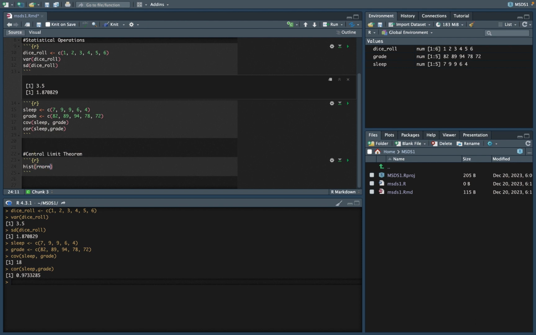Hist is the function for the histogram, rnorm is the random normal distribution. Then the arguments for the normal distribution: we'll give it a small sample size of 10, and a standard normal distribution, with a mu of 0 and an SD of 1. We're creating a histogram for that normal distribution.